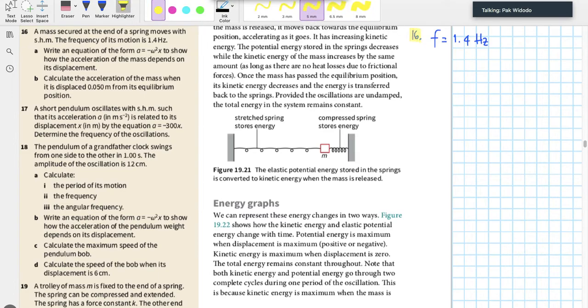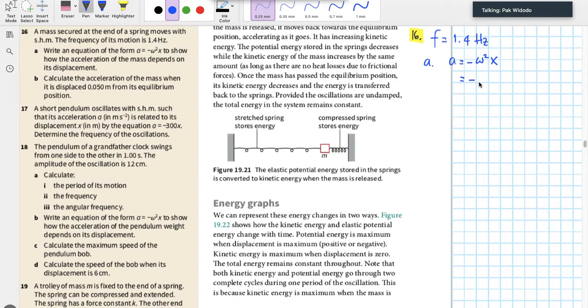We only put the frequency in the equation, but we need to change the equation into another form. a equals minus omega square x.